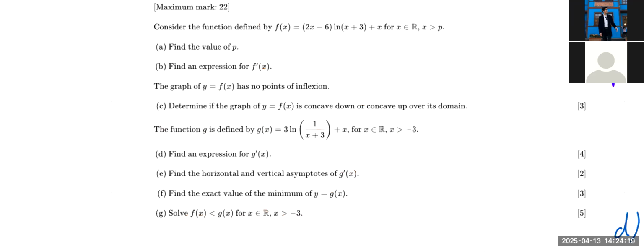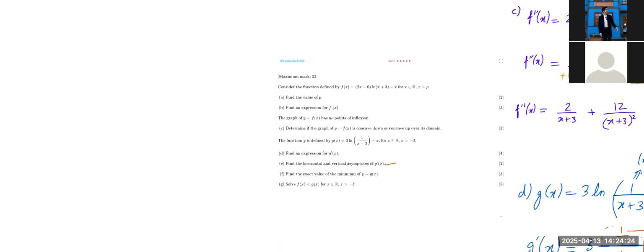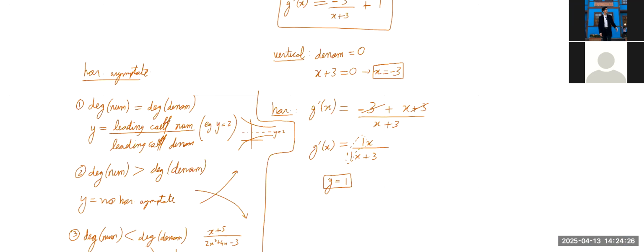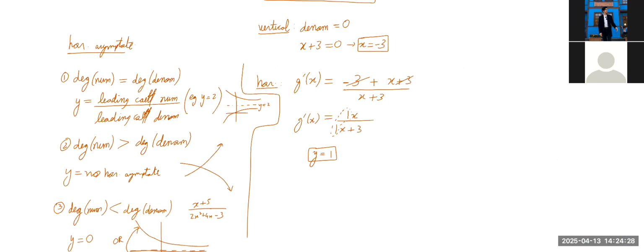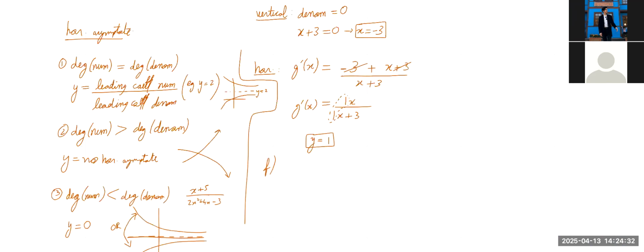Now, find the exact value of the minimum of the function itself. What part is this? Part F. So finding the minimum of g of x means that we need to find out where the derivative hits 0.